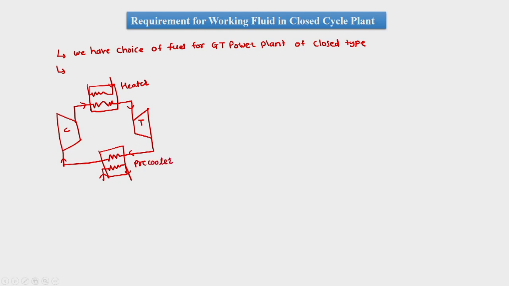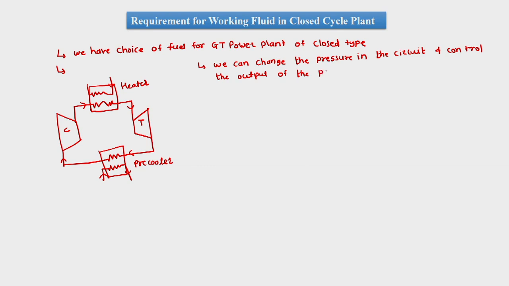Here this complete circuit has one working medium, and we can change the pressure in the circuit and control the output of the power plant. This facility is not available for the open cycle gas power plant.